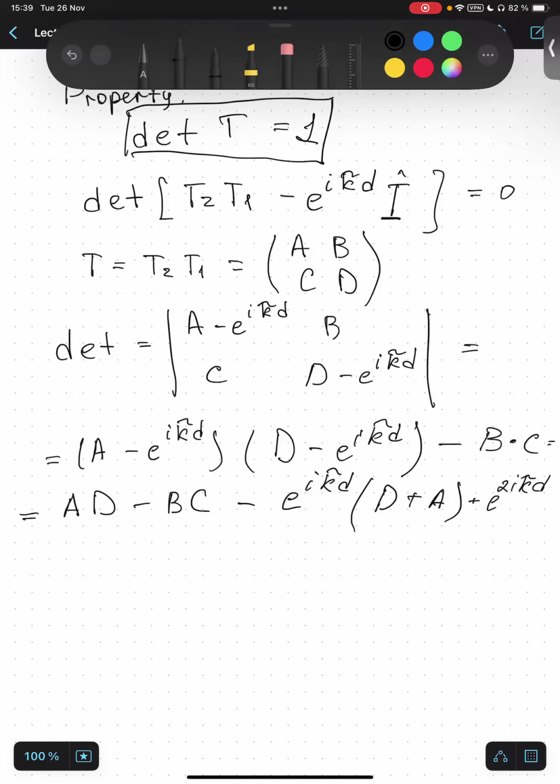We can simplify it, obviously. One can notice that this is the determinant of matrix T, which is equal to 1, as we discussed here.